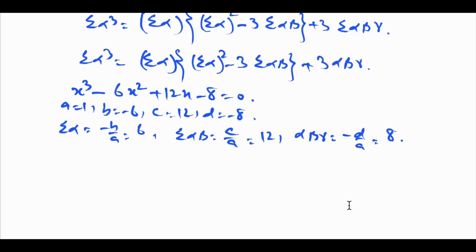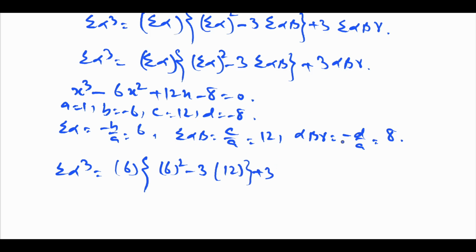What is sigma alpha cubed? I put in these values. Sigma alpha cubed is equal to sigma alpha, which is 6, times sigma alpha squared, which is 6 squared, minus 3 sigma alpha beta, which is 12, plus 3 alpha beta gamma, which is 8.